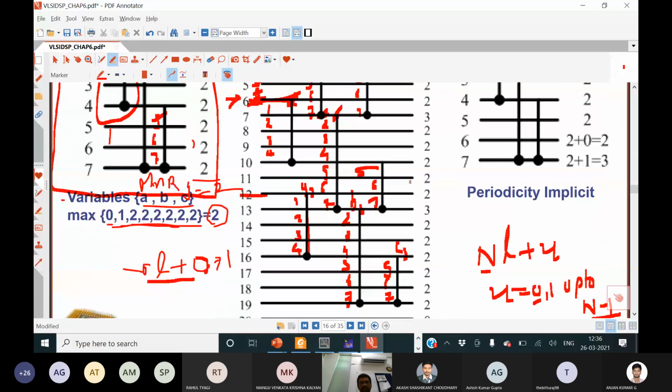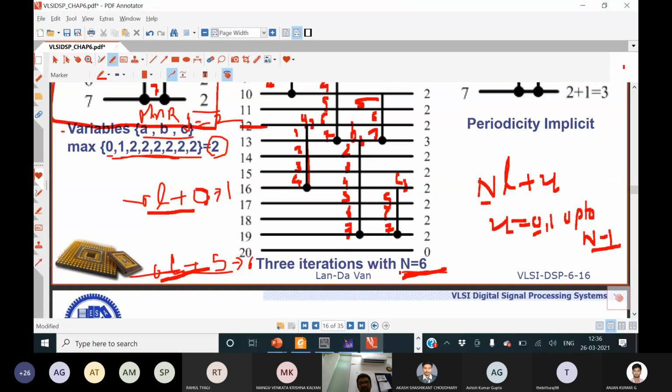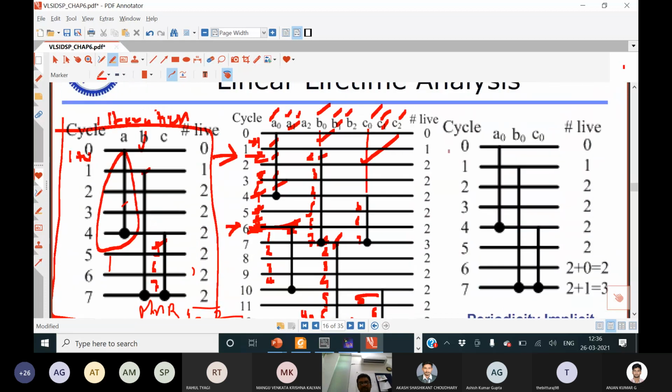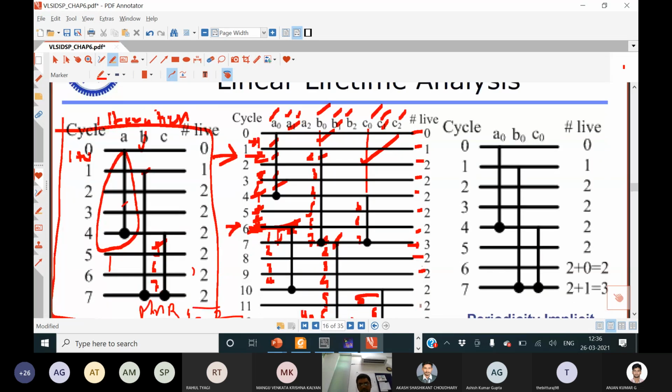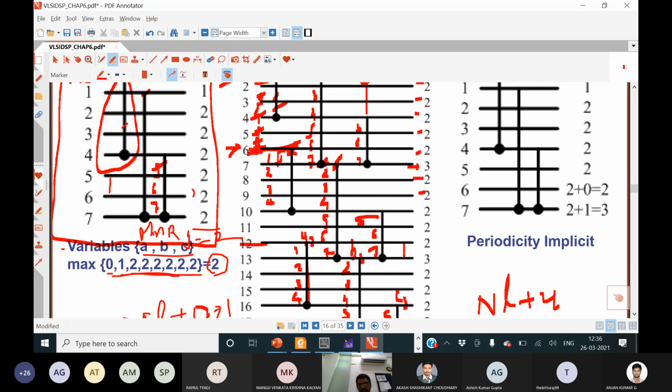Now again, when I consider n is equal to 6, what will be the maximum number of live variables? Here you just observe 0, 1, 2, 2, 2, 2, 2, but at this particular instance you require 3. Then 2, 2. So the number of live variables you are finding here is 3.